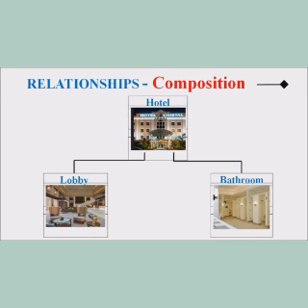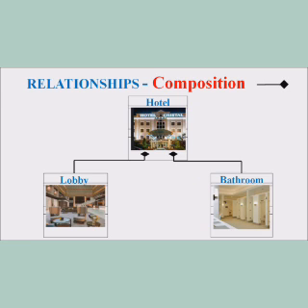These two classes are in relationship with the hotel class, and here we can say that without lobby and bathroom, the hotel class cannot be contained, or a hotel class should have a lobby as well as a bathroom. Without the lobby and bathroom, the hotel does not exist, and without a hotel, the lobby and bathroom of that hotel do not exist.